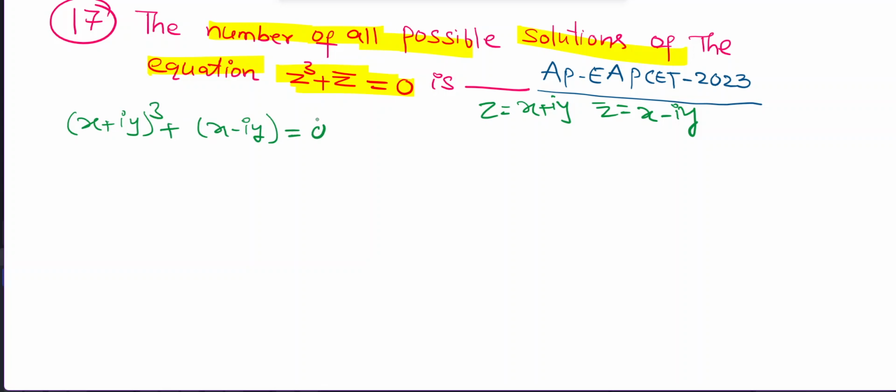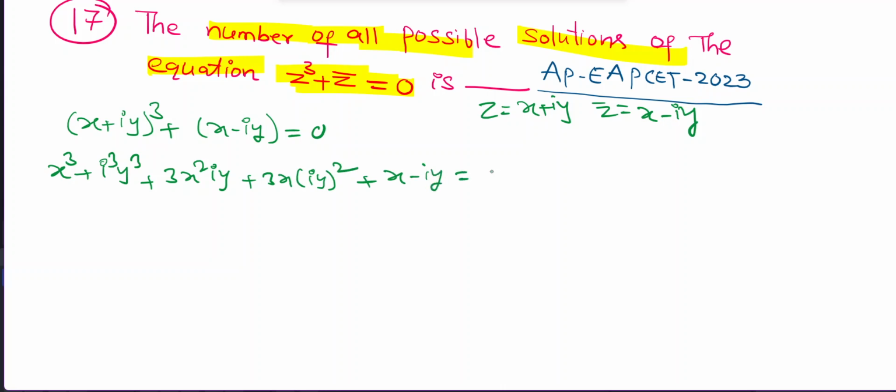Using (a plus b) whole cube, (x plus iy) whole cube is x cube plus i cube y cube plus 3x square into iy plus 3x into (iy) whole square, plus x minus iy is equal to 0.